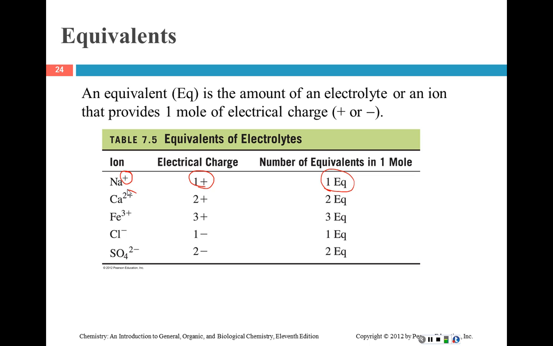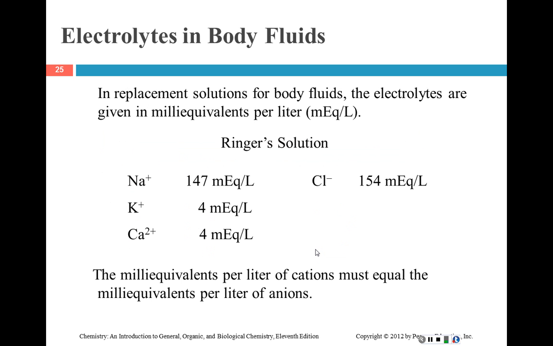Something like calcium, which has a +2 charge, is going to give you 2 pluses, so that'll be 2 equivalents. And then iron, Fe3+, gives you 3 equivalents. It doesn't matter if it's a negative or a positive, it's just the numeric value of the charge. That's how many equivalents per mole you have.